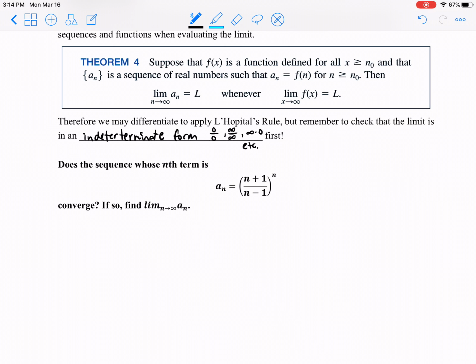But again, be careful. You're not doing the quotient rule. You're doing the derivative of the upper function, the numerator function, divided by the derivative of the denominator function.